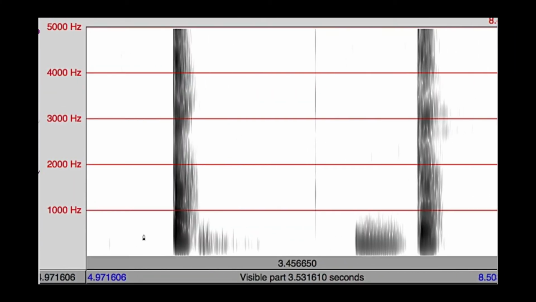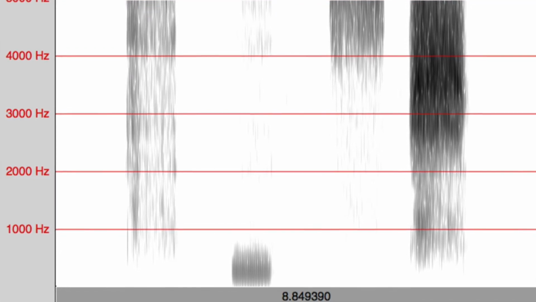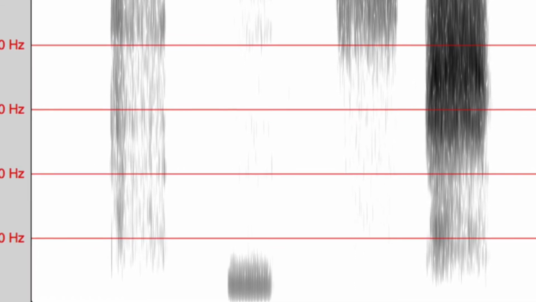In this case, shown here is the silent gap, while this one is the release burst. Fricatives are next. This is produced when pressurized air becomes turbulent, resulting in random variations in air pressure. Collision of air against obstacles, such as teeth, increases the amplitude of the noise produced at the constriction.